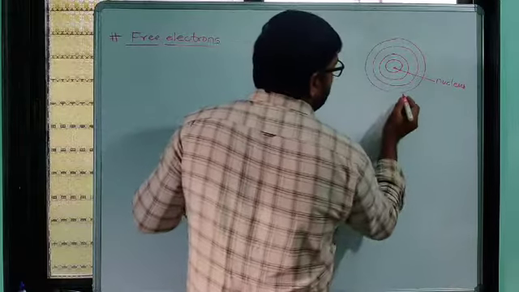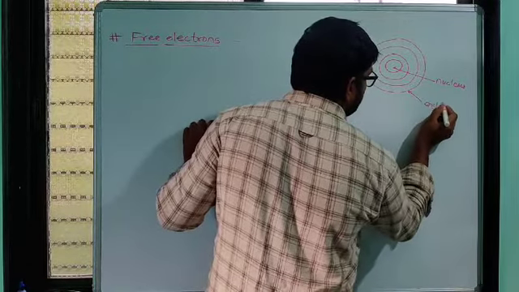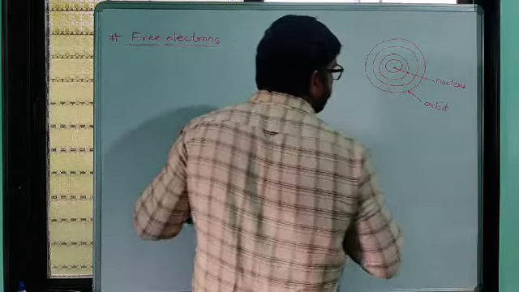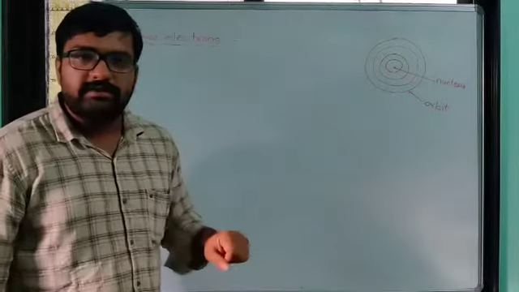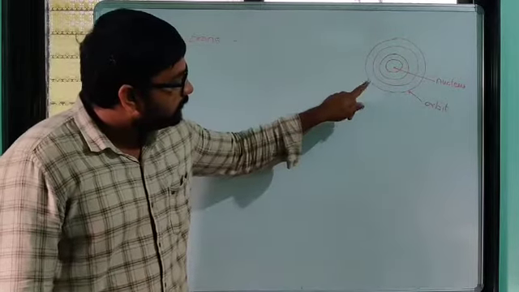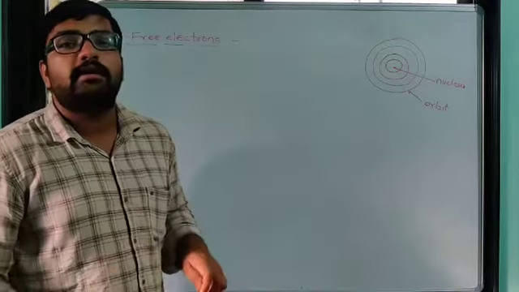There are some circular orbits present around this nucleus. Here at the center the nucleus is there, and around that nucleus some circular orbits are present.